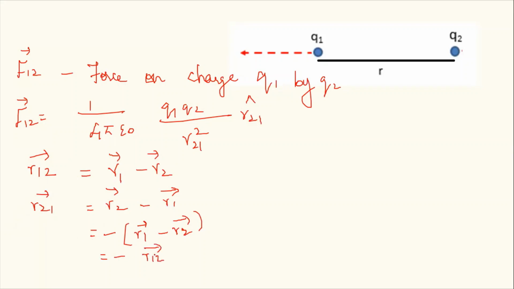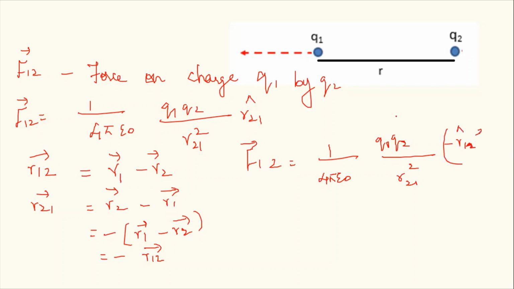Now F12 vector can be written as 1 by 4 pi epsilon naught Q1 Q2 upon R21 square, with the unit vector written as minus R12 cap.